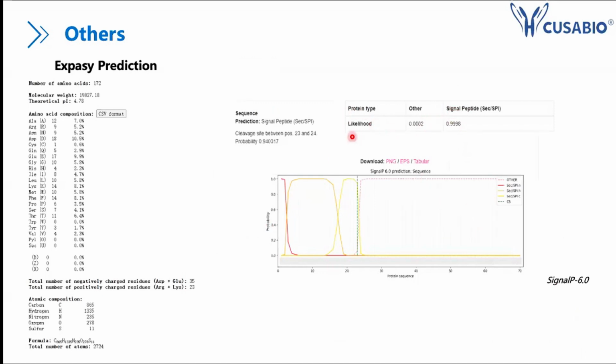For this one, the probability is almost 100%. And did you see the dashed line here? The dashed line is the cleavage site that the database predicts. So meaning that before the dashed line, these little bit more than 20 amino acids are the signal peptide for the protein that you put in. So it's a very strong tool.